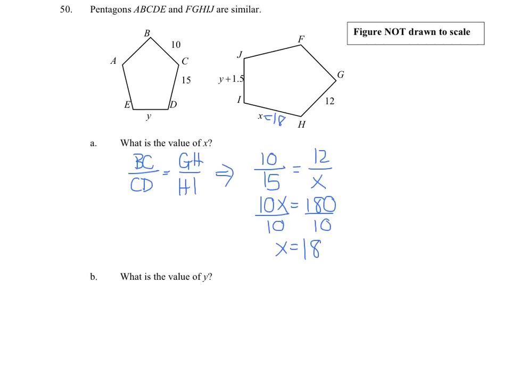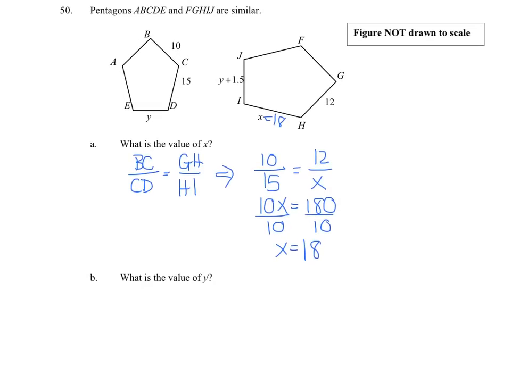Next, I need to figure out what y is. So I'm going to take two of my proportional sides again. Remember, my only unknown should be y. So this time I'm going to take BC over DE and GH over IJ.